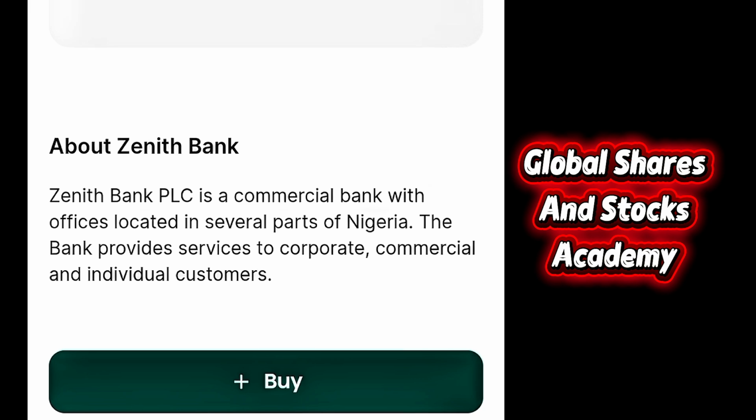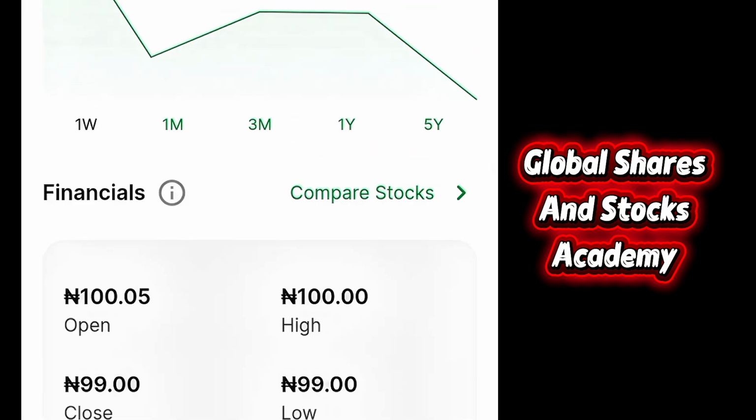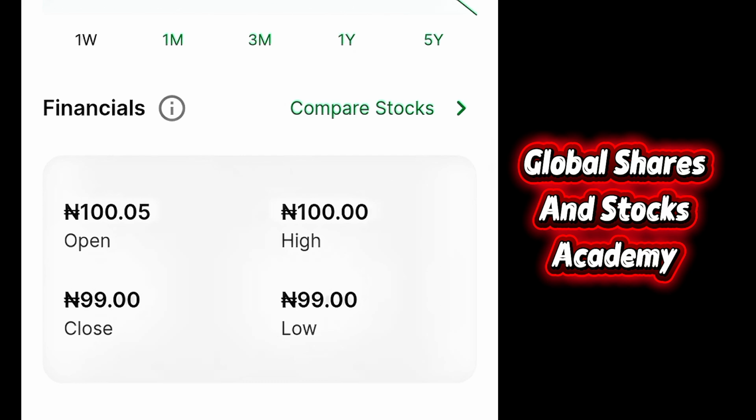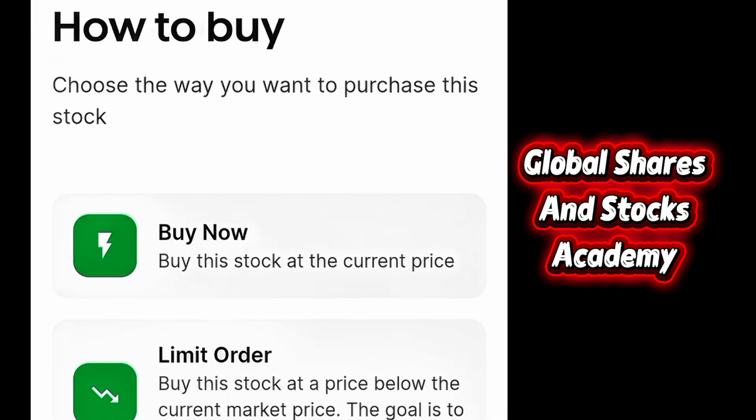If you don't know it, you are just hearing about it, I believe anybody in Nigeria will know about Zenith Bank. It is a financial institution. So we are going for their shares, which are sold at 99 naira. All you need to do then is to click on buy, and it will open up this interface for you.